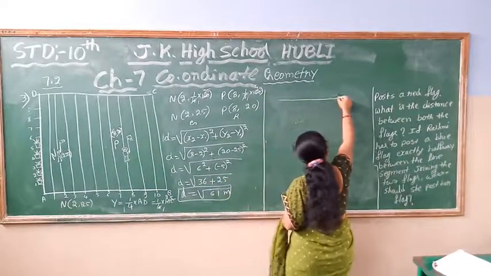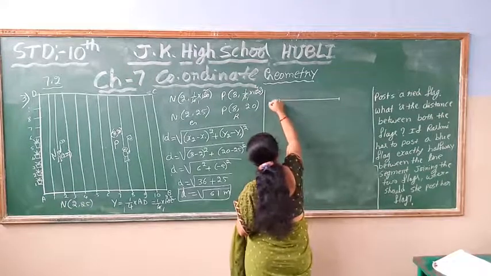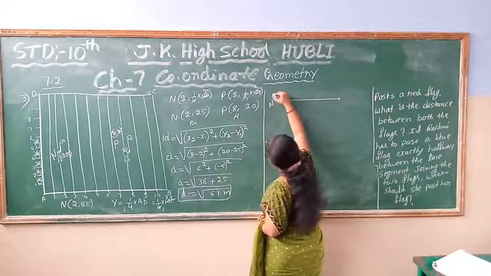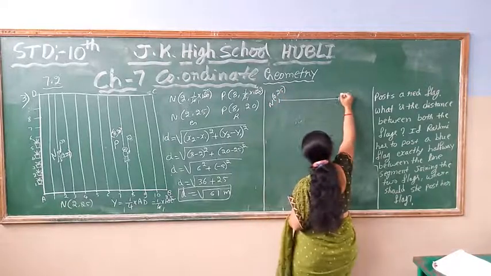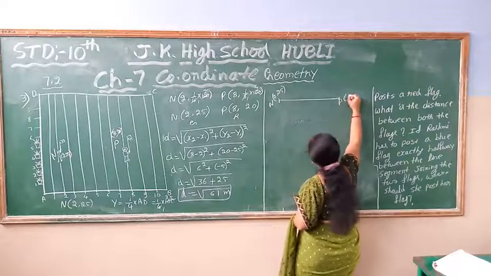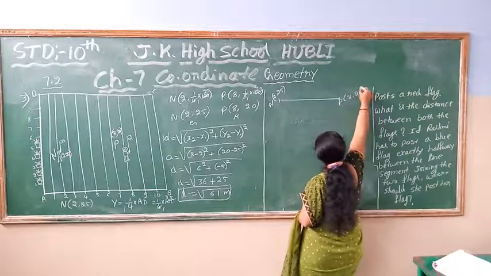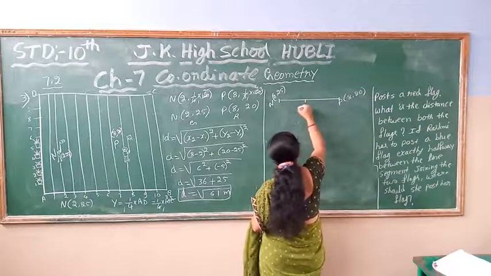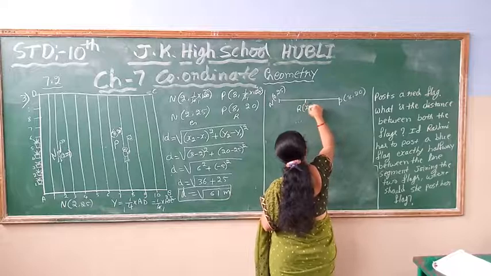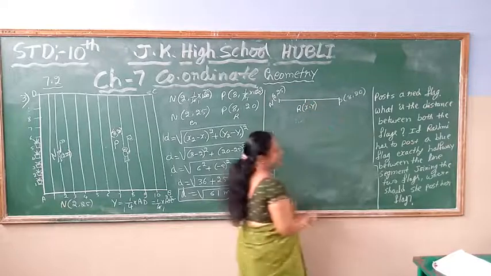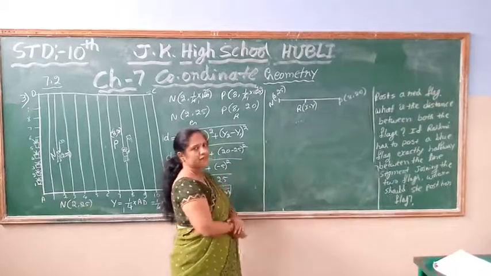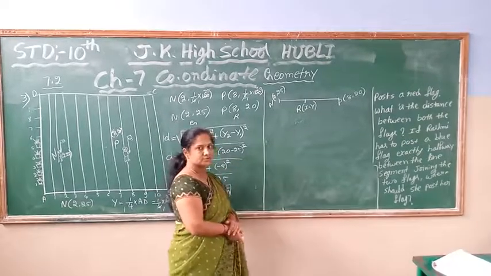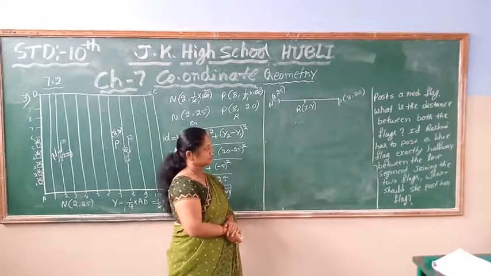Now see, this is Niharika's coordinates, (2, 25), and this is the other coordinates, (8, 20). Here we have to find out where exactly Rashmi can post her blue flag, in which position. So I have to find the coordinate of Rashmi.